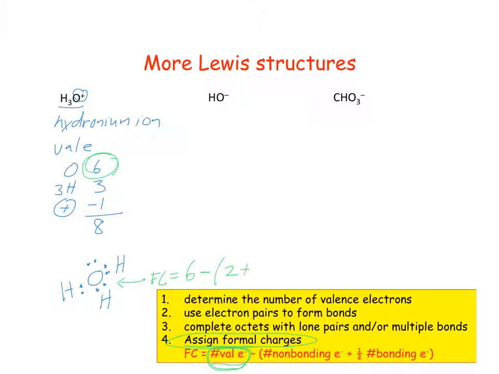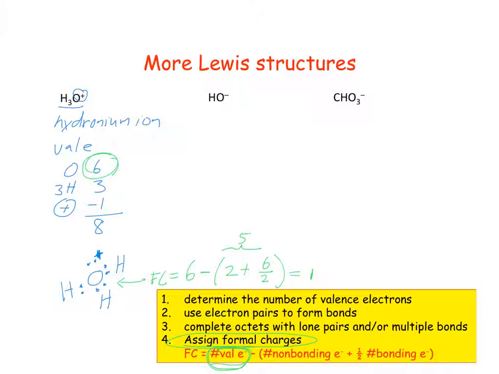All right, so we have 2 here, 2, 4, 6. So we have 6. Divide that by 2. So we have 6 halves is 3. So we have 5 on this side. 6 minus 5 equals 1. So oxygen gets a plus 1 charge.